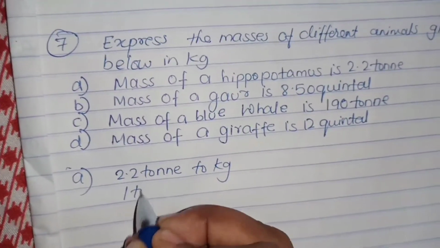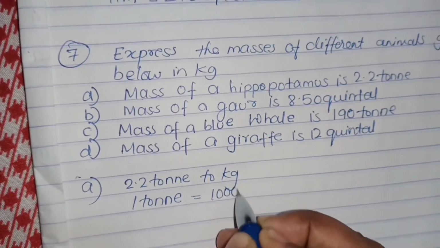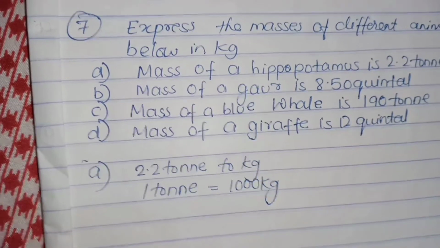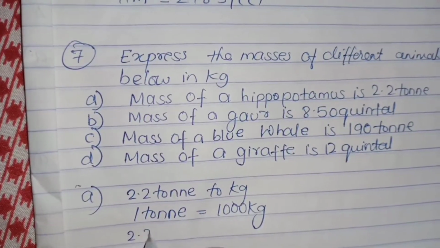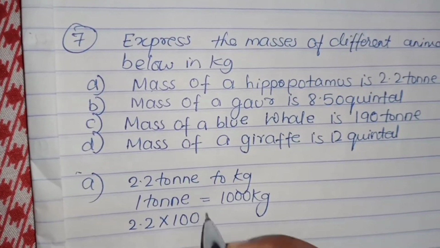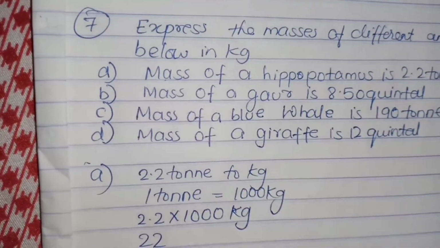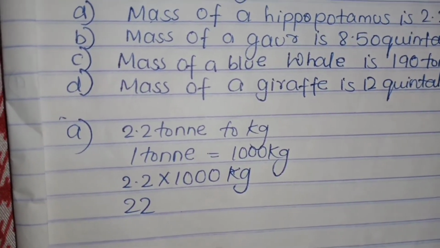We know that 1 ton is equal to how much kg? 1000 kg. So 1 ton is equal to 1000 kg. So what will we do? We will multiply this 2.2 into 1000 kg. Now write this: 22, don't put the decimal because we are going to jump.